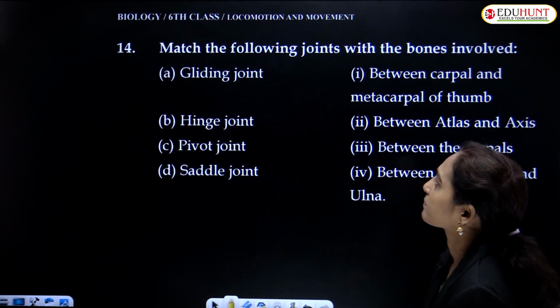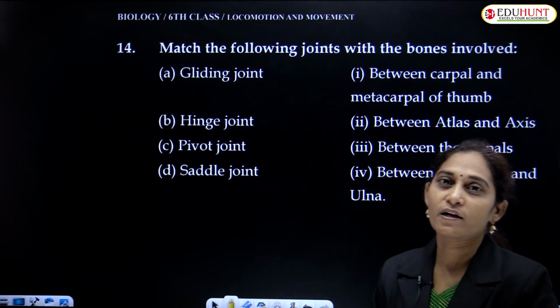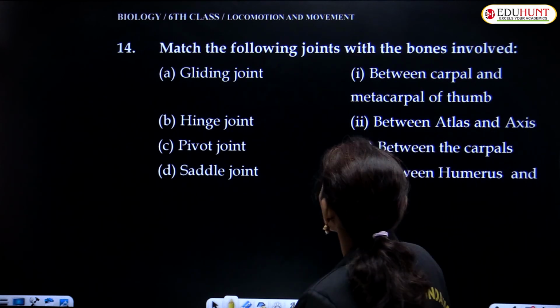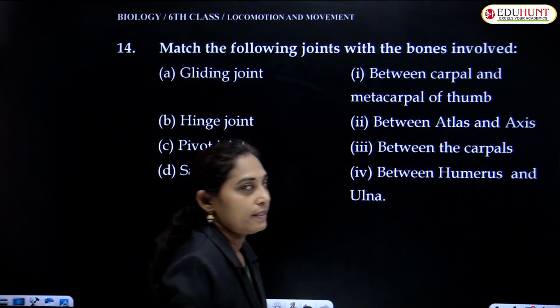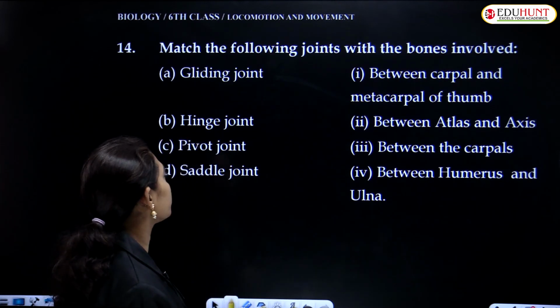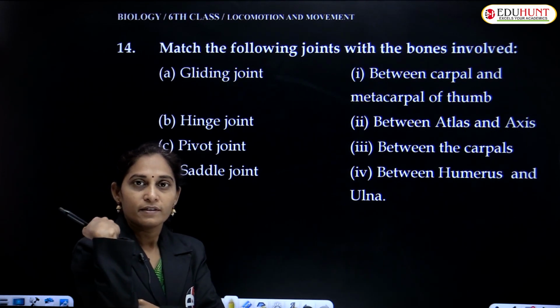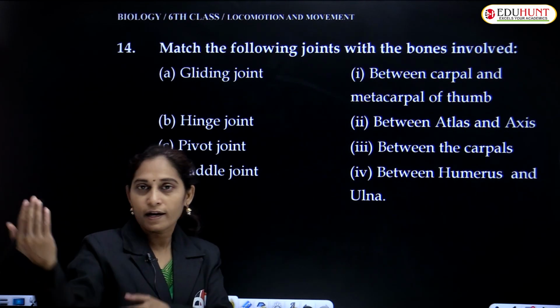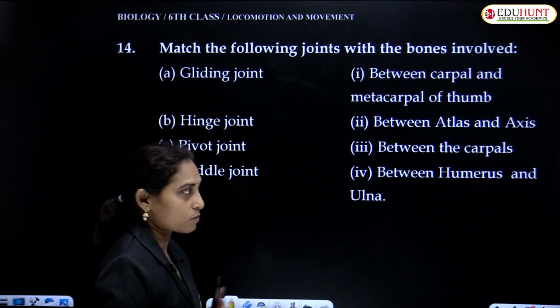Match the following joints with the bones involved. Gliding joint, hinge, pivot, saddle. Easily identifiable is the hinge joint because there is no confusion. Hinge is like our laptop, which opens only on one side and closes, and the joints of doors.